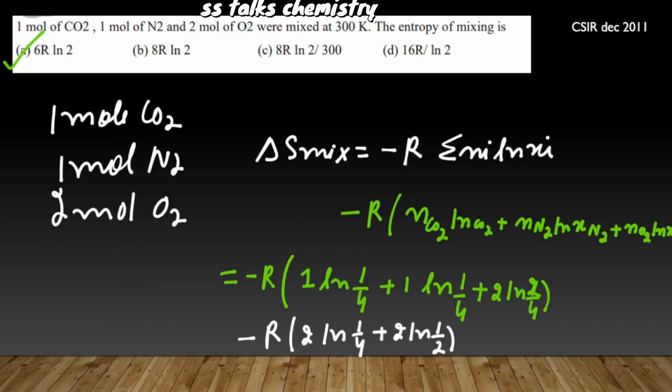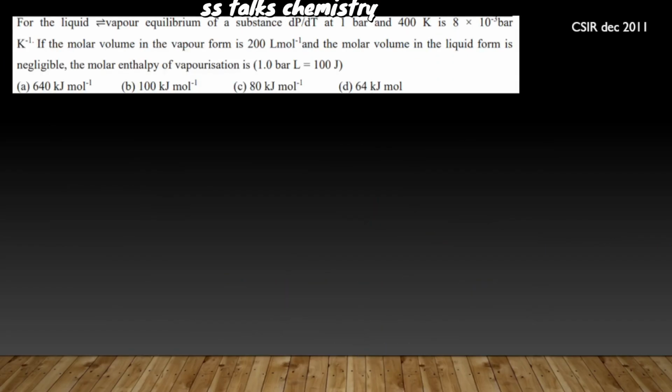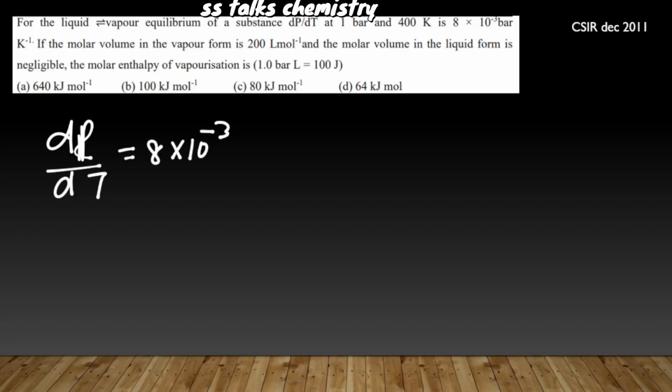Right. Next, this question now. For a liquid-vapor equilibrium of a substance, dP by dT at 1 bar pressure and 400 Kelvin is given to us, which is 8 into 10 to the power of minus 3 bar per Kelvin.